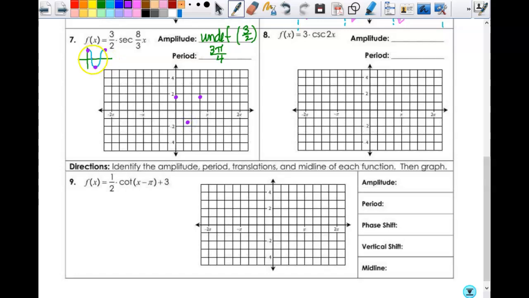Then halfway between these two is an asymptote, and an asymptote here. So halfway between these two, right, because this is already in the middle here, this is 1.5 spaces away. So I need to go 0.75, which is about 3/4 of the way this way. And then coming this way, I'm going to go about 3/4. And that is my one period from 0 to 3 pi fourths. So then I can repeat all of that.